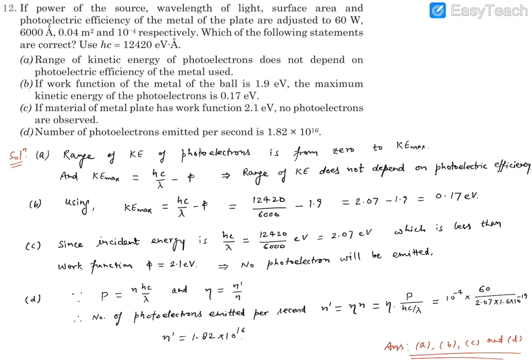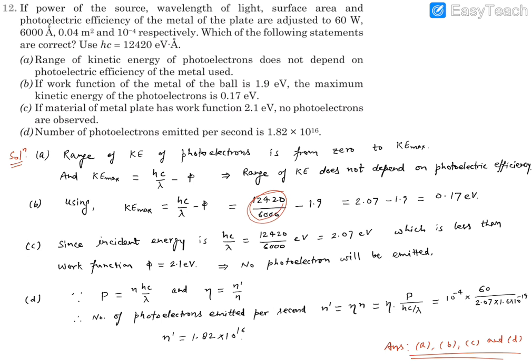Then come to B. It says if the work function of the metal is given to us, then maximum kinetic energy is going to be this. So basically we need to solve this equation. So for B, we are going to solve the same equation. And hc by lambda can be written as hc is 12,420 and lambda is 6000 angstrom.